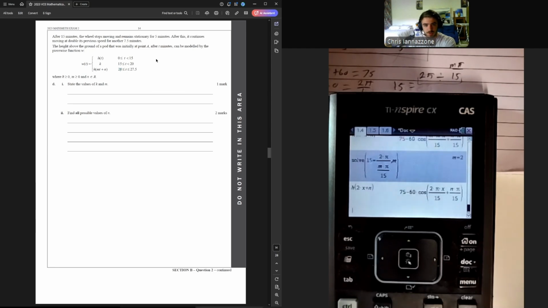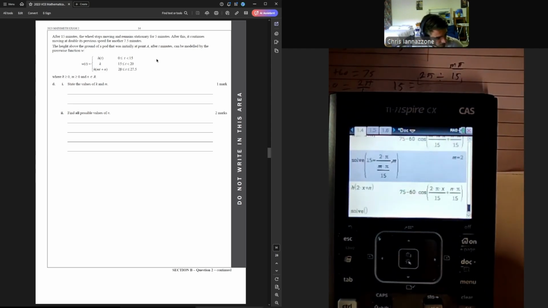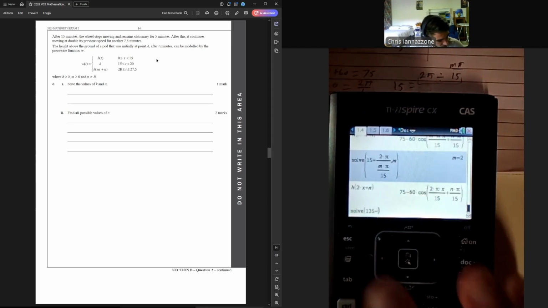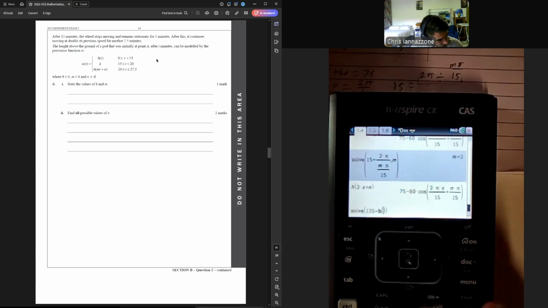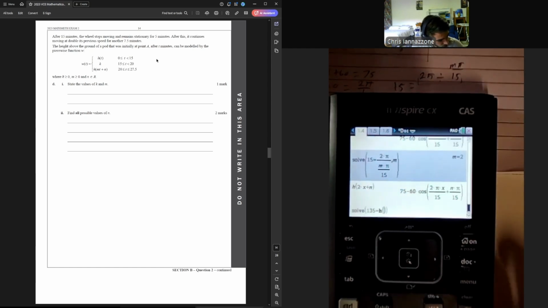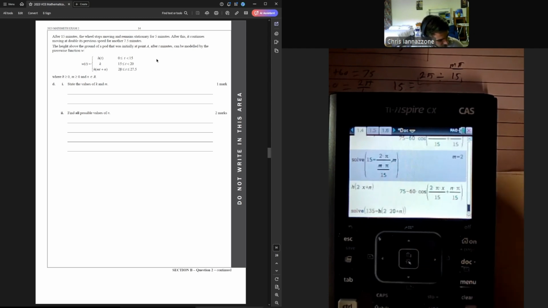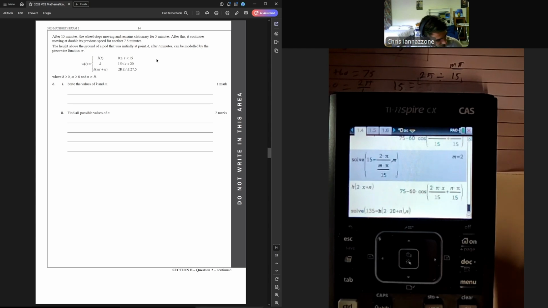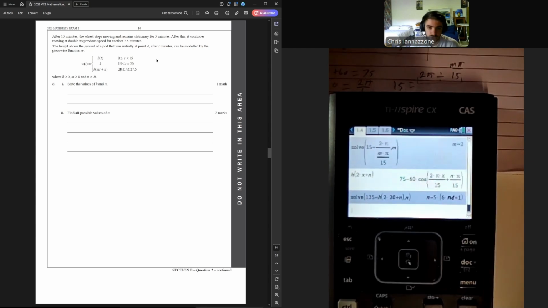So 135 is equal to h of, now we've got to be a bit careful here, 2 times our x value, which is 20, and then plus n. If we then solve that for n, then we're going to get our general solution, right?